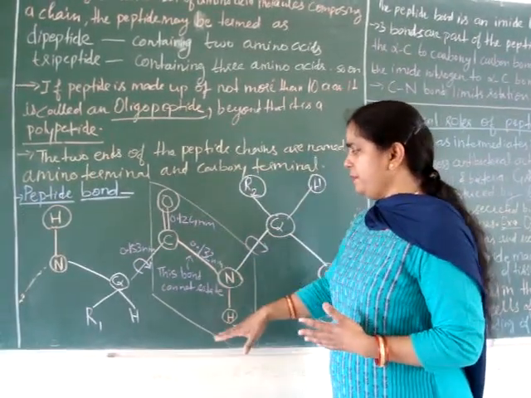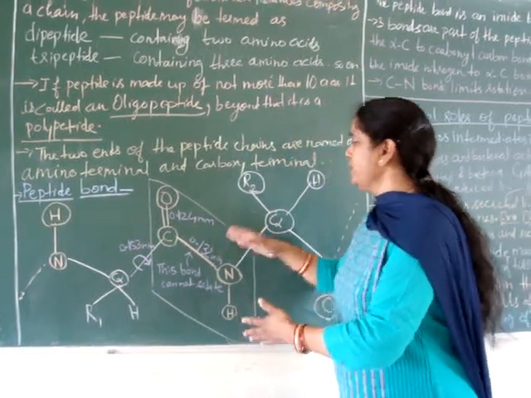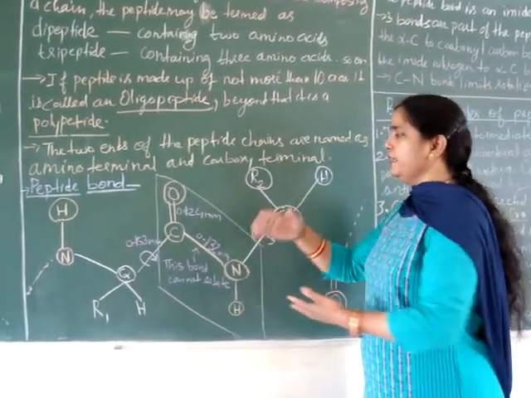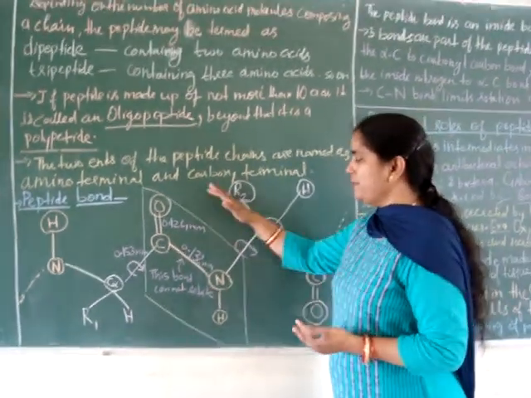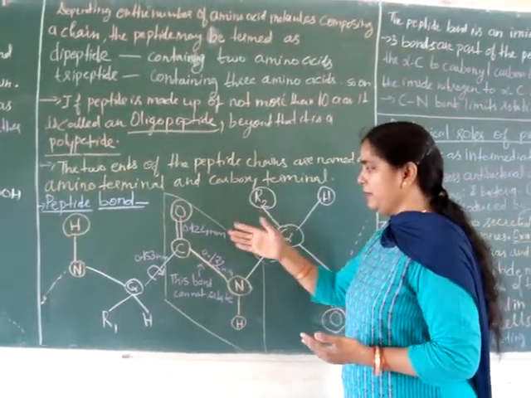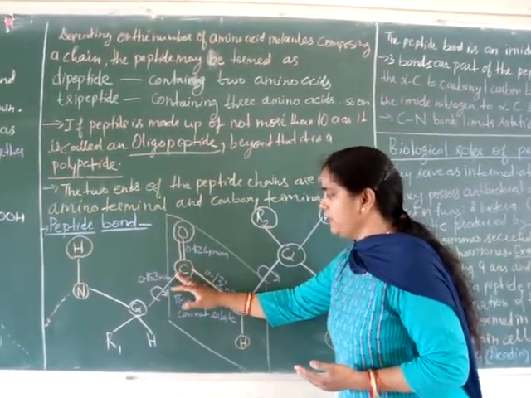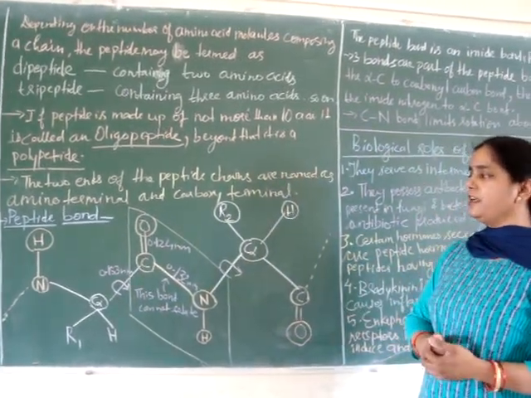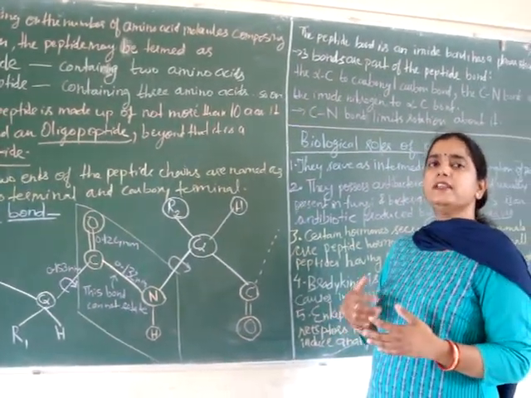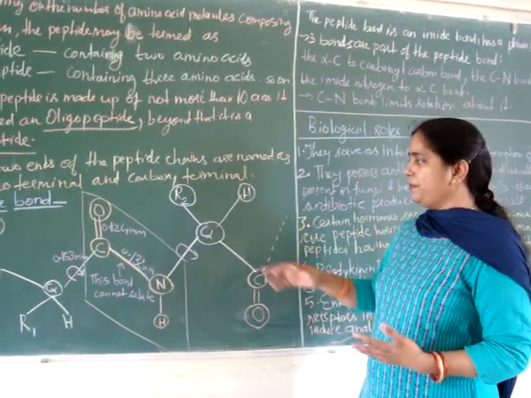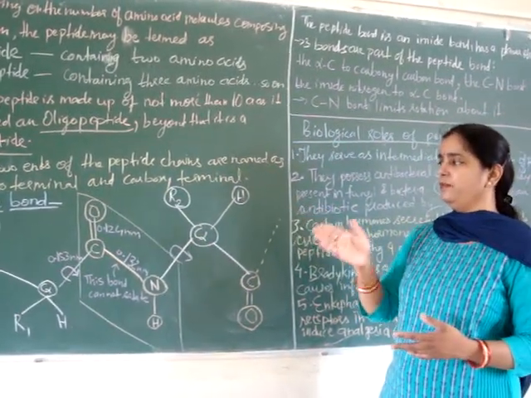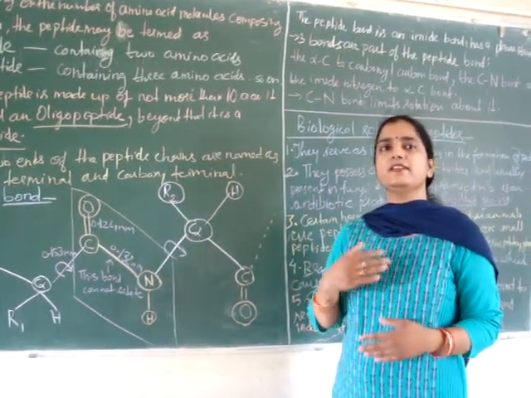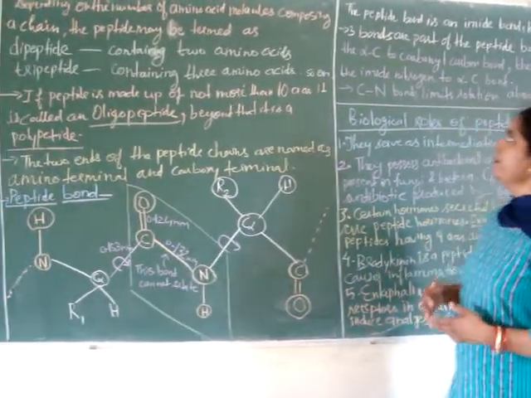This is the planar structure, and you can imagine in a long polypeptide chain, the backbone is made up of this rigid peptide bond, and whatever flexibility is present in the polypeptide chain is only because of the side chains, because the peptide bonds form the rigid backbone.